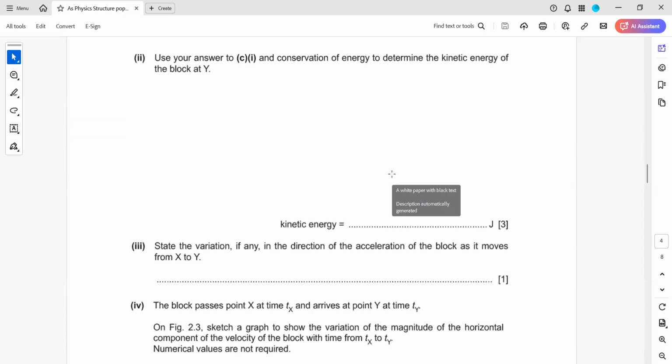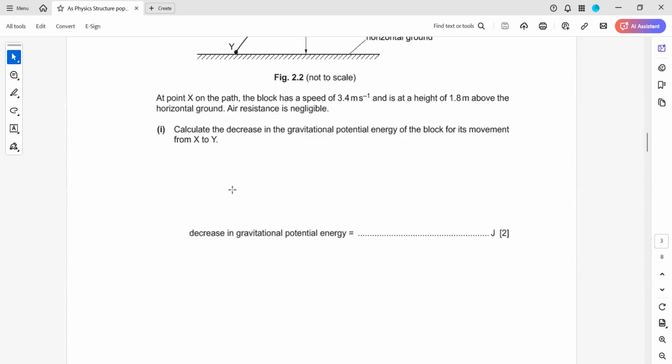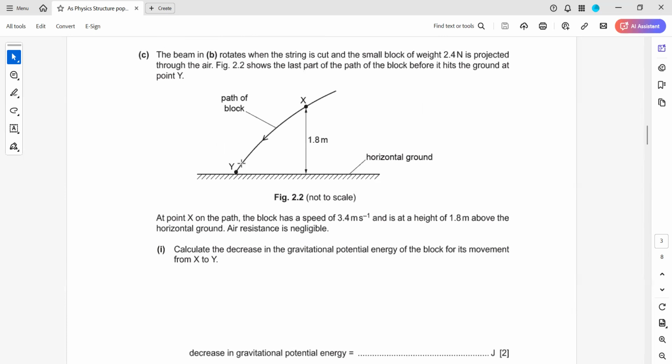Then: state the variation, if any, in the direction of acceleration of the block as it moves from X to Y. When an object is falling, like this projectile motion, it will have two components: a horizontal component and a vertical component. The horizontal component in a projectile, we assume, is not changing, there's no acceleration.